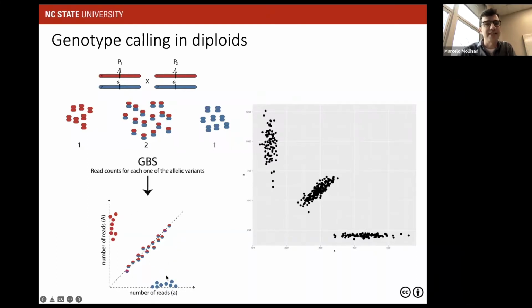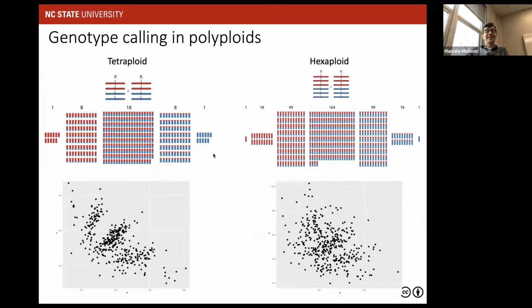You just have 3 classes here, and this is how the data would look in a real situation. But in a tetraploid, if you think of that segregation 1 to 8 to 18 to 8 to 1, we have this type of scenario.